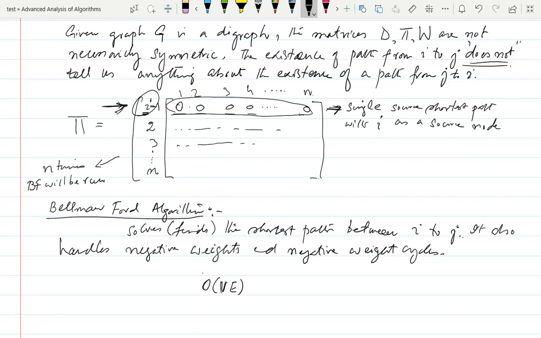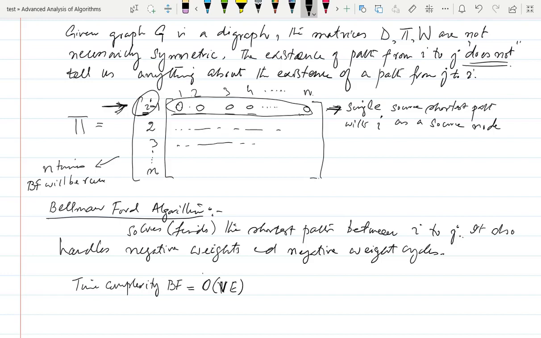Okay, time complexity of Bellman-Ford is equal to big O of VE. This is single source shortest path.